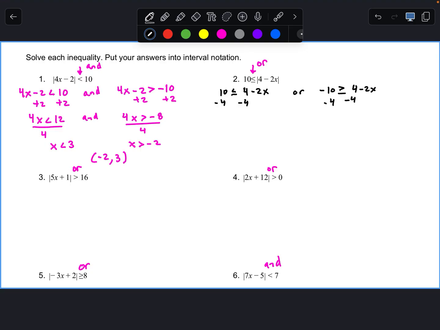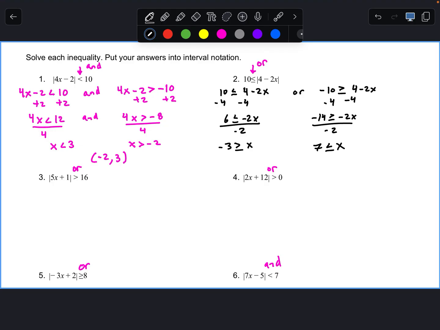In doing so, we have 6 is less than or equal to negative 2x, or negative 14 is greater or equal to negative 2x. Now we need to divide out the negative 2. In doing so, our sign is going to flip again. And we get negative 3 is greater or equal to x, and 7 is less than or equal to x.